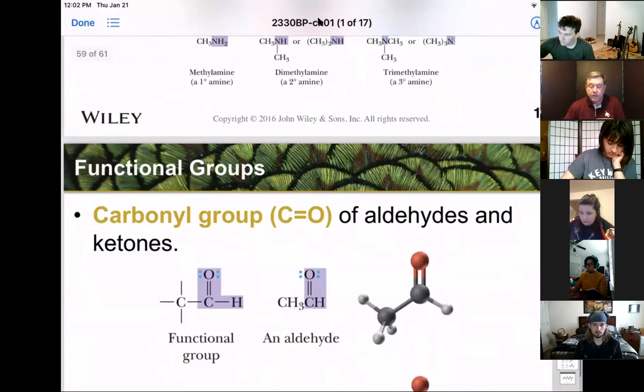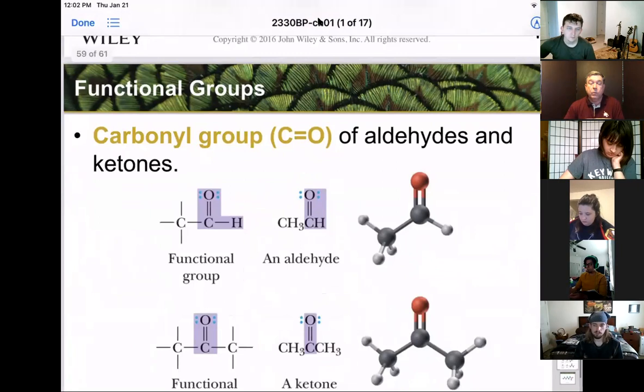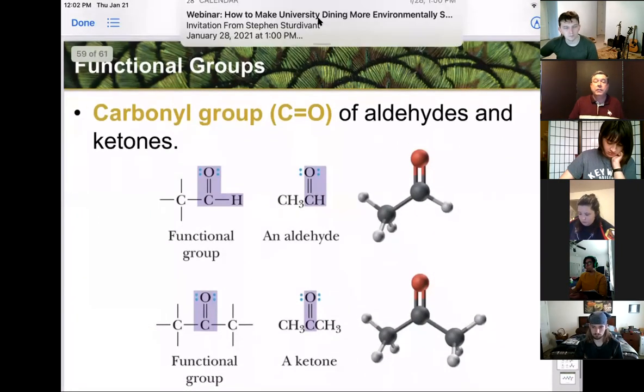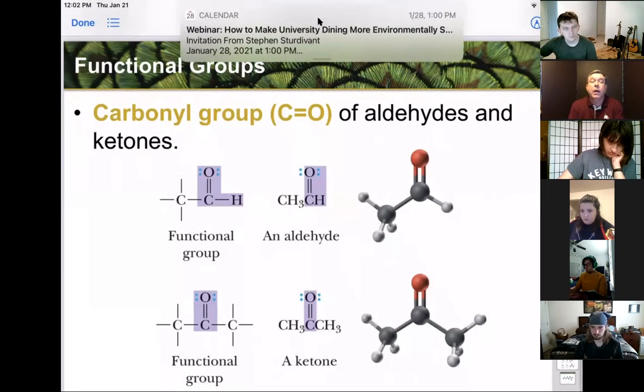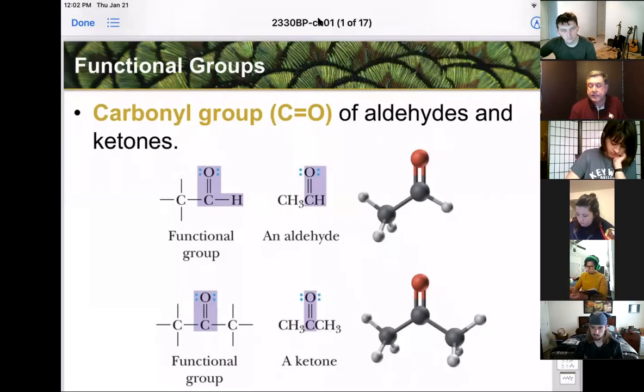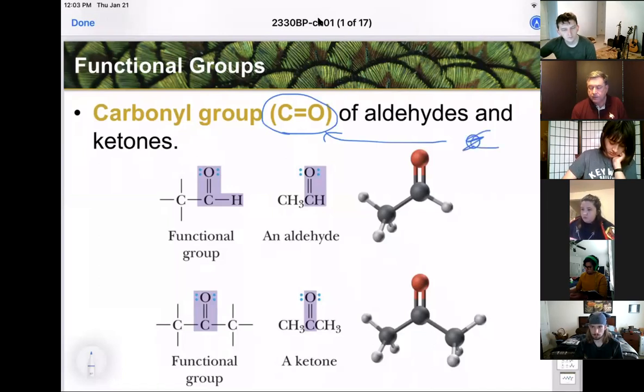Okay. The next group is a whole group of different things, and they all involve the carbonyl group. The carbonyl group is a C double bond O. Now, to draw an analogy to what we just talked about, the carbon is sp2 hybridized, and the oxygen is sp2 hybridized right here.